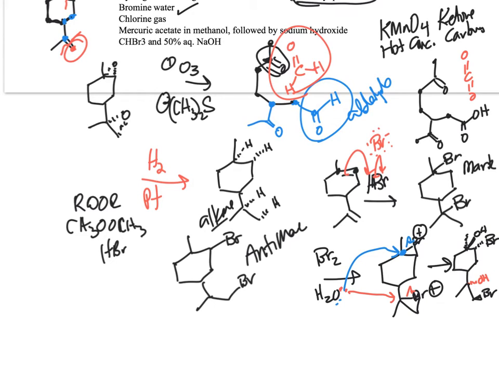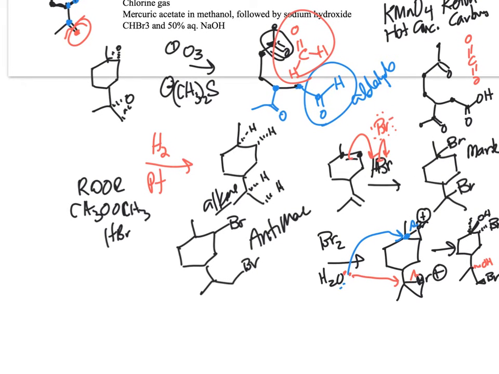Chlorine gas. We got three more here. Chlorine gas. So all you have is chlorine. It's going to make the three-membered ring intermediate, the chloronium.